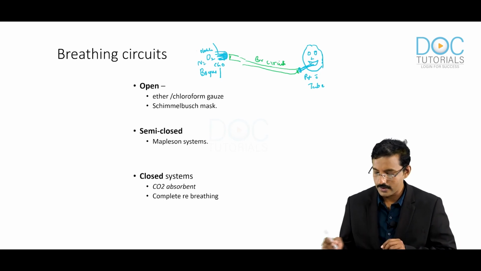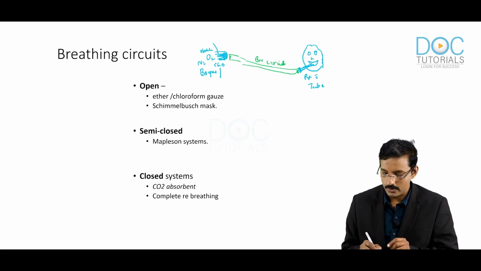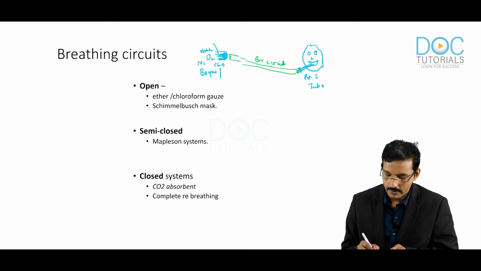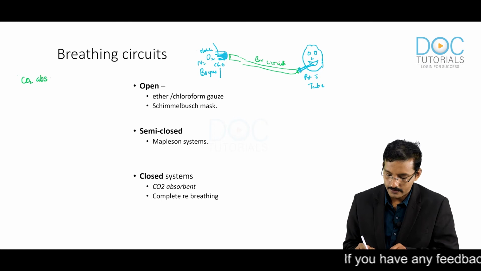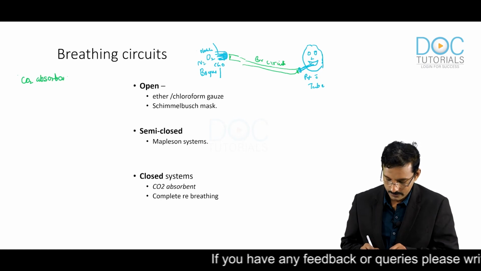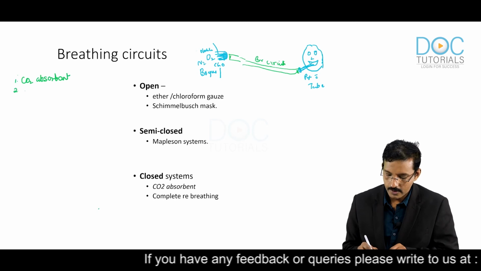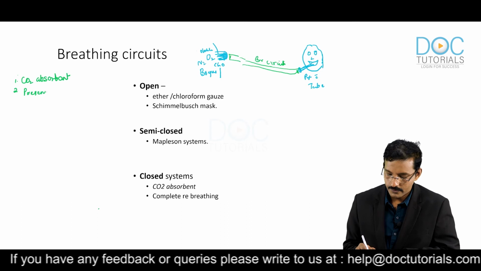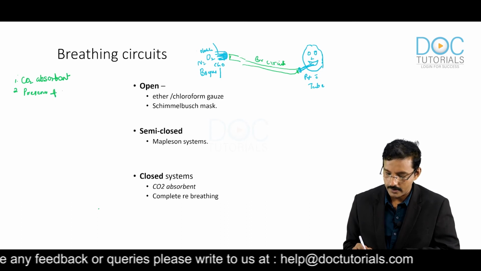The essential feature that differentiates between these circuits, open, semi-open or semi-closed, and the closed circuit is that, number one, presence of a carbon dioxide absorbent, and number two, presence of rebreathing.